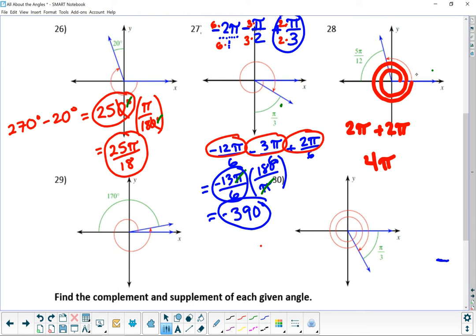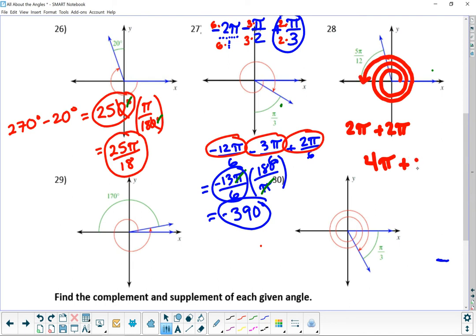And then let's see. It looks like if I can do that 90 degrees or pi over 2 plus a little bit more, that'd be great, but I don't know how much more that is. So what I'm going to do is say, okay, so far I got 4 pi or 2 whole circles. I'm going to go ahead and do a whole pi, which is the 180, right?